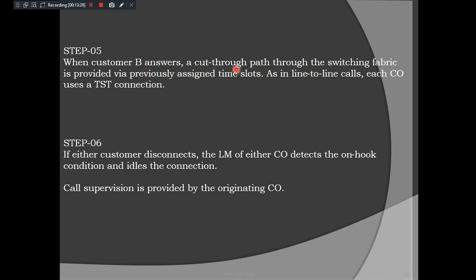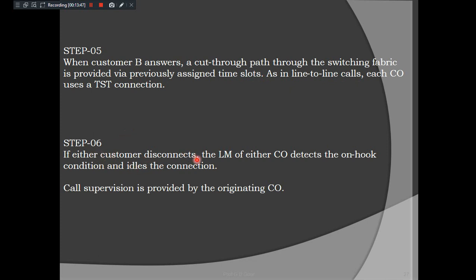The switching fabric is the path it provides, that is space switching. Time slots for both A and B are provided by the CP, NCPs or ICs, which act like a TST. As in line to line calls, each CO uses a TST connection here.